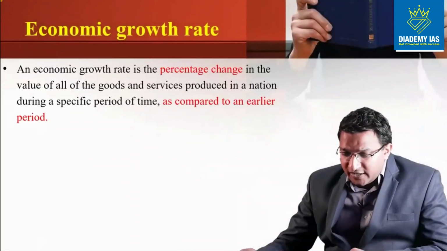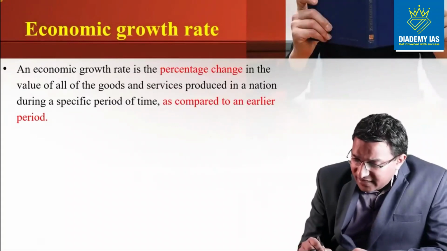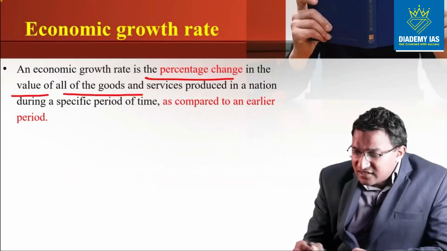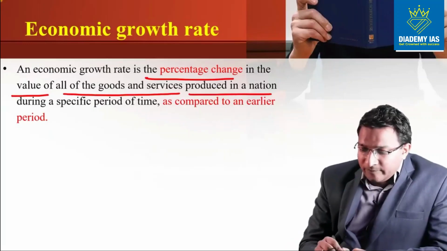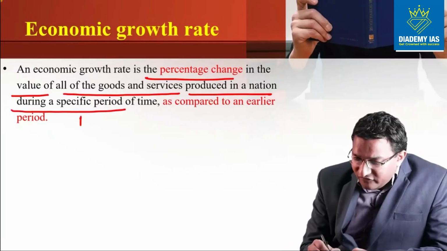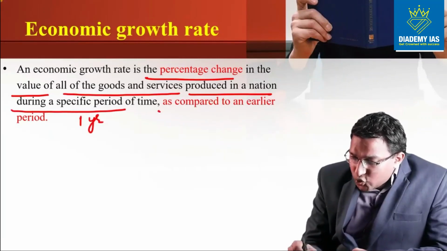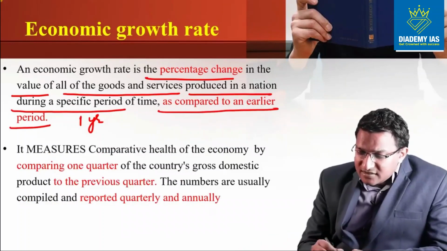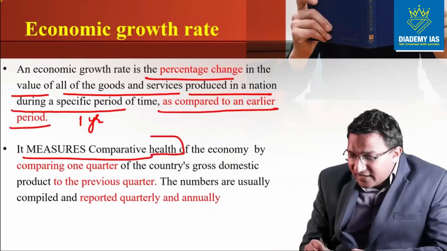So economic growth rate is the percentage change in the value of all the goods and services produced in a nation during a specific period. So a specific period is, for example, 1 year as compared to an earlier period. It measures the comparative health, right?